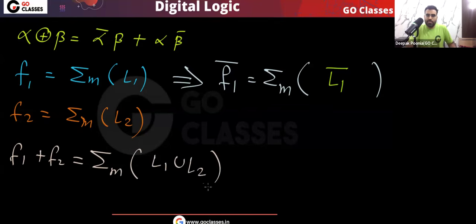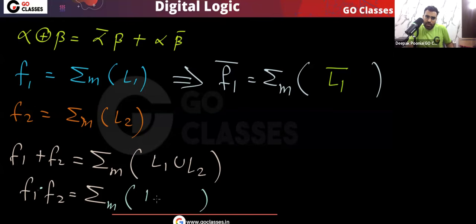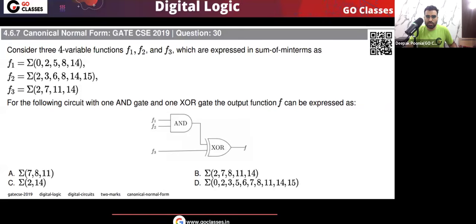We have already seen this in the previous question. And you also know f1 and f2 with respect to minterms. So what will be the minterm list of f1 and f2? That will be the intersection, L1 intersection L2. So that's it. Now these concepts we can use and we can solve this question.